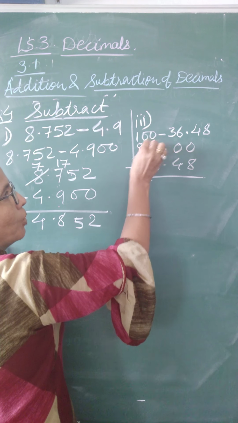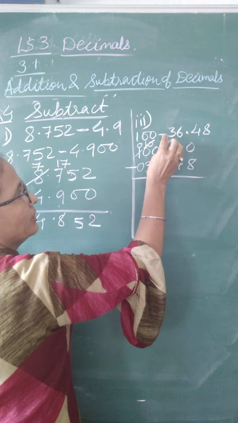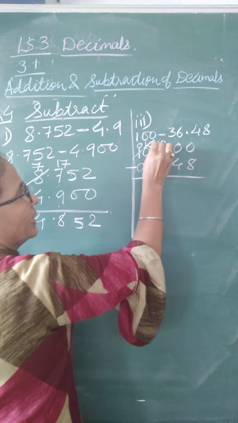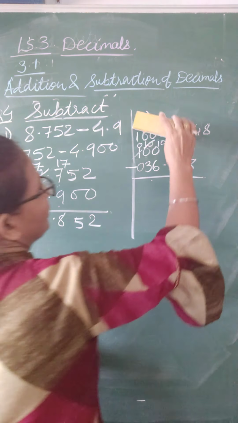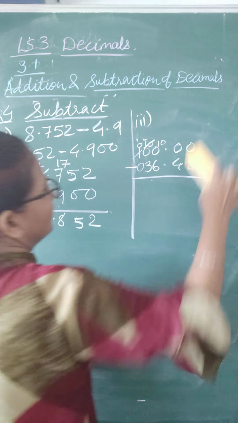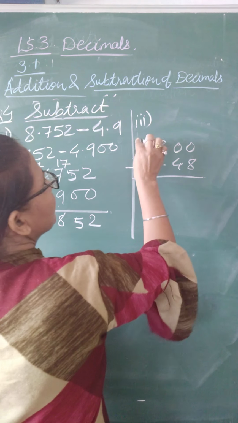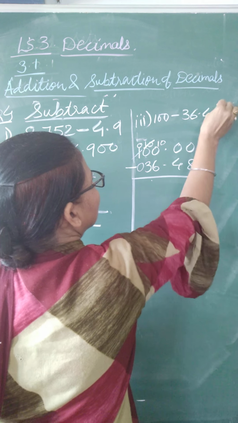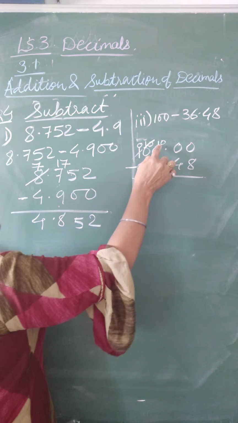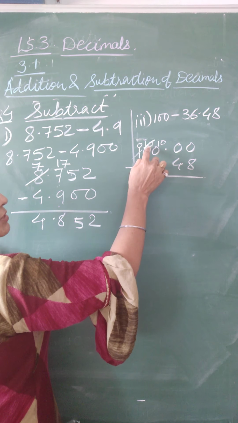Now you want 1 for this 0. So borrow from 10, and what will be here? Here it will be 10. And what is left at this place? Wait. Let me write this here. 100 minus 36.4. Okay. Now 1 we borrowed from this place. What is there? 10.